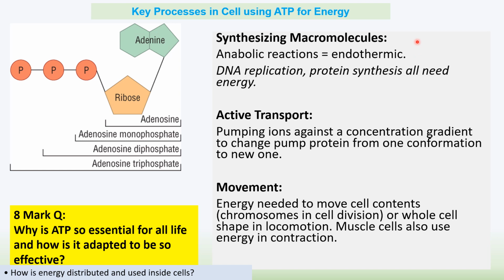So things like DNA replication, making proteins from amino acids, all need energy. Anytime we're talking about active transport, we're using energy to pump ions against the concentration gradients, and therefore that is going to use energy to change the shape of the protein pump from one conformation to the other. And anytime movement is needed, either in cells or muscles, that will use energy as well.